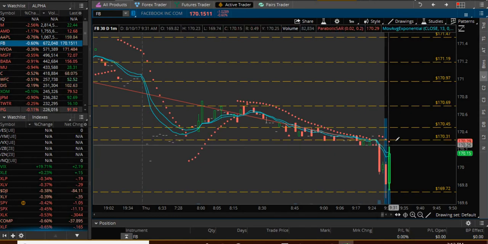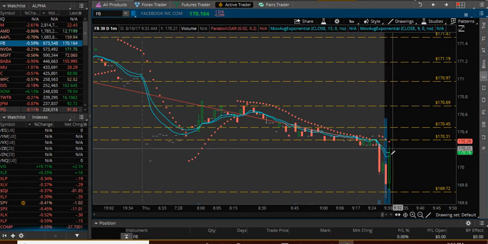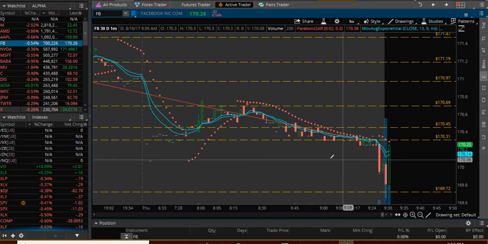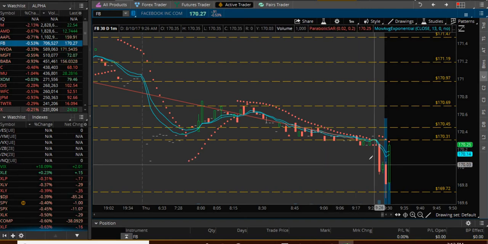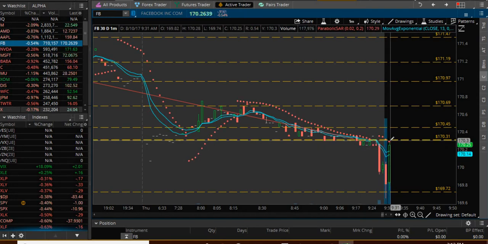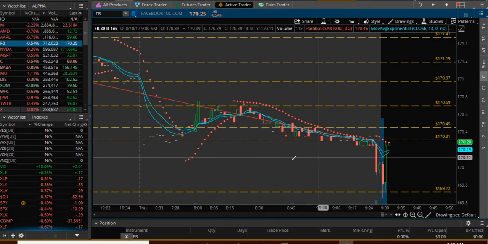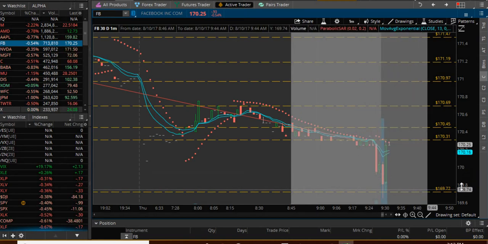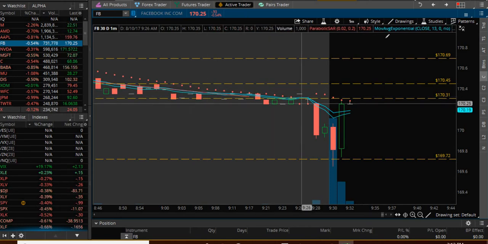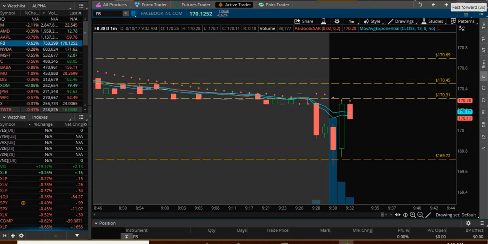We're looking for the price action to get rejected and maybe for a candle to open below this one. There's our rejection. Let's see what happens.